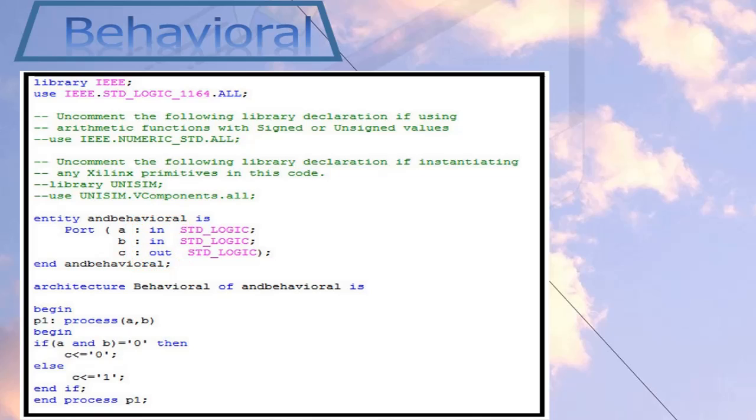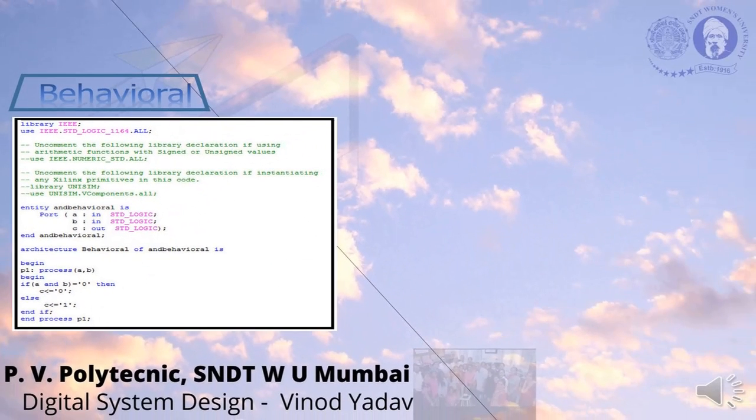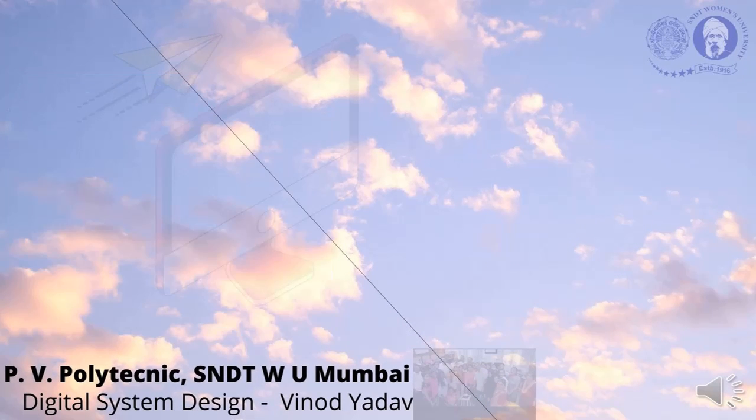And in the architecture, we are using a process statement. It is more like C-type programming. You can see this instruction as well: if A and B is equal to 0, then C is assigned 0, else C will be assigned 1. Such programming you must have done in C. So it is a sequential kind of programming, which is the pattern in which we program in behavioral.